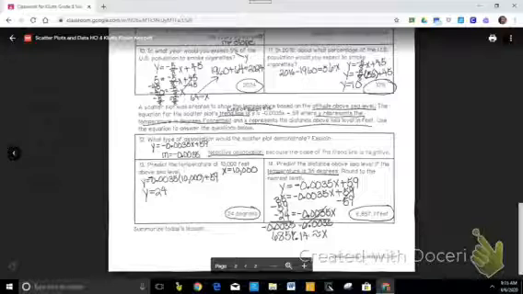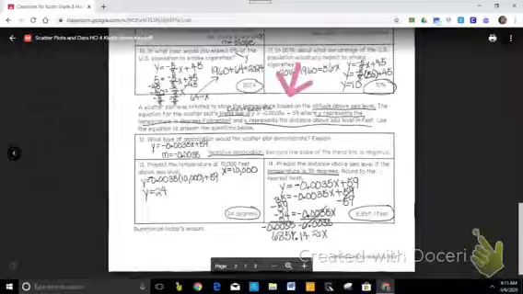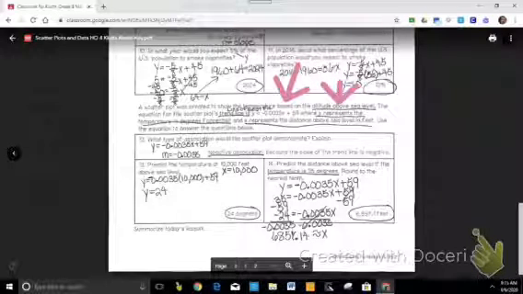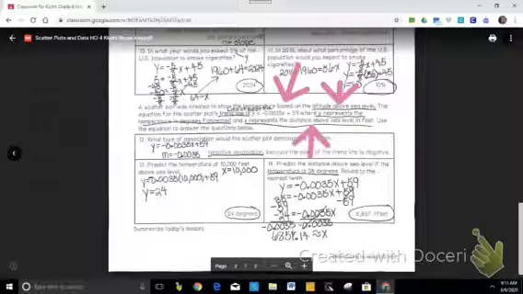Okay, our last problem. A scatter plot was created to show the temperature based on the altitude above sea level. The equation for the scatter plot's trend line is y equals negative 0.0035 x plus 59, where y represents the temperature in degrees Fahrenheit and x represents the distance above sea level in feet.